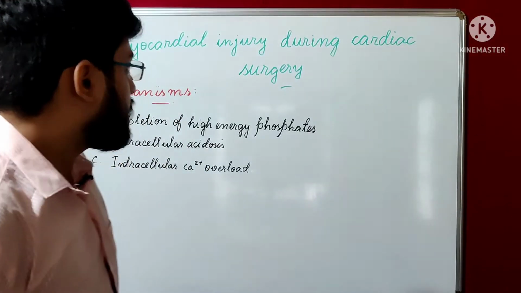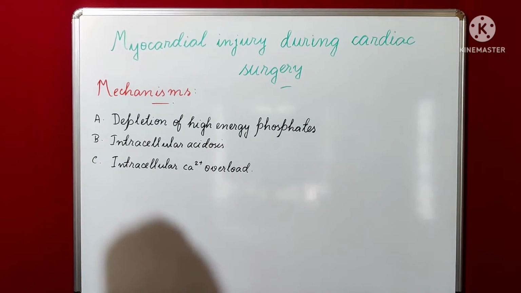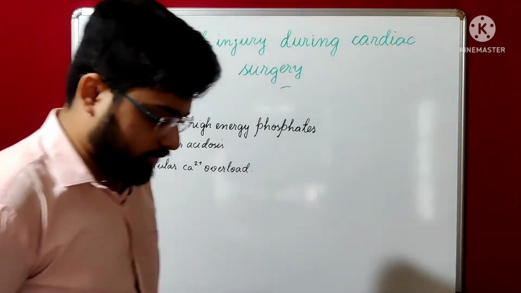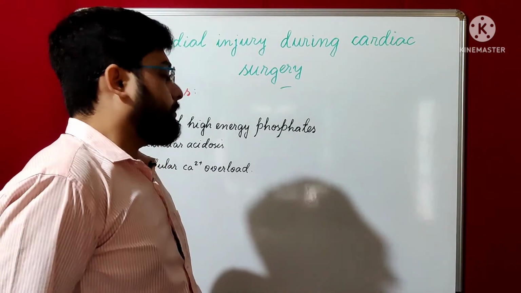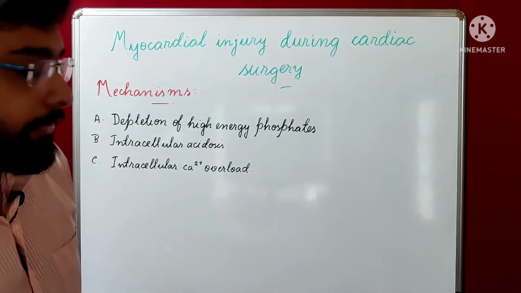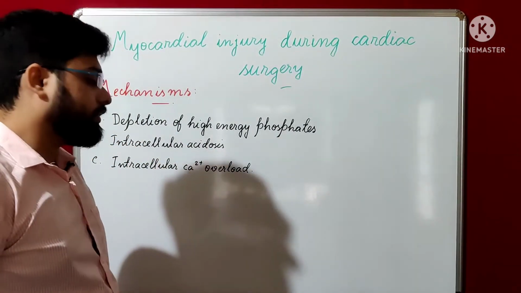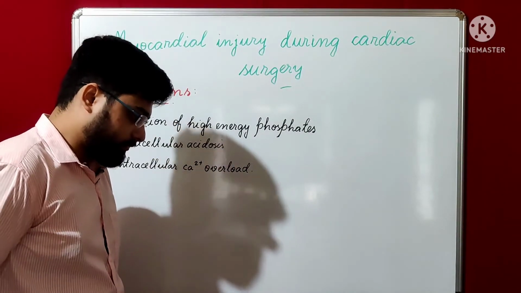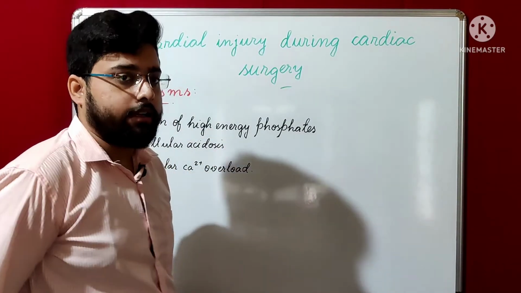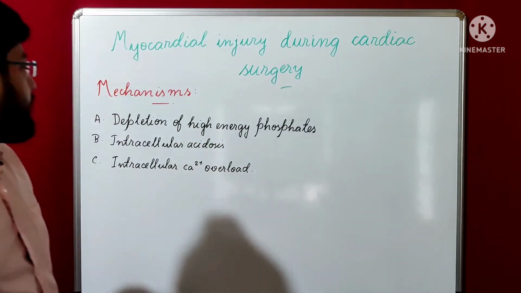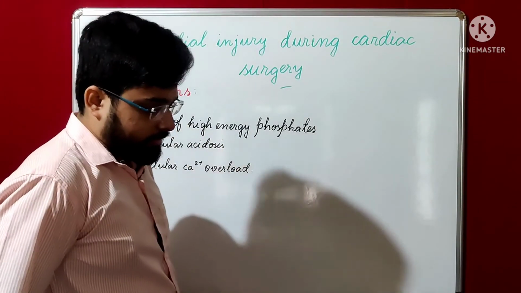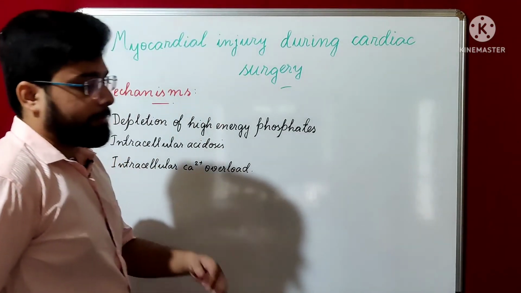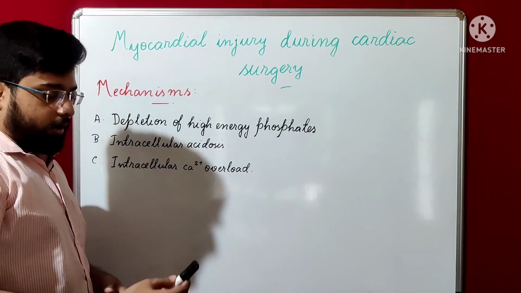So the next cause of myocardial injury is intracellular calcium overload. It is one of the chief causes of myocardial injury due to reperfusion. Previously, we have seen that due to ischemia, there is intracellular hydrogen ion accumulation and intracellular acidosis. Now, after intracellular acidosis has occurred, when reperfusion is established, what happens?